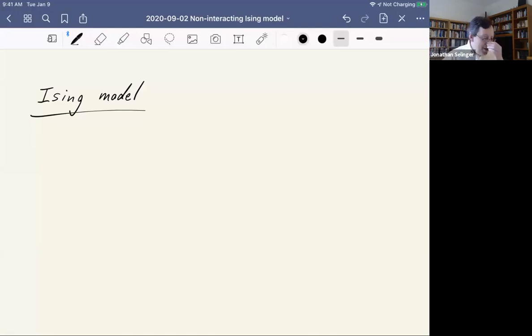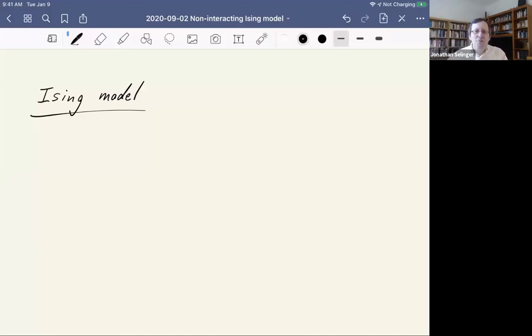Okay, so the idea here in this model is that we have a lattice of magnetic moments. You could imagine, for example, a crystal full of magnetic ions. In this simplest model for magnetism, each of the magnetic ions has two possible states. Either it can point up or it can point down.